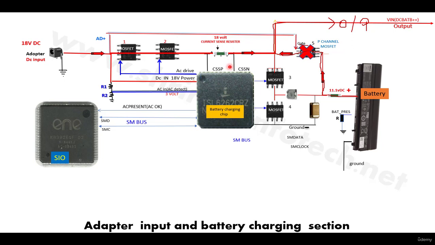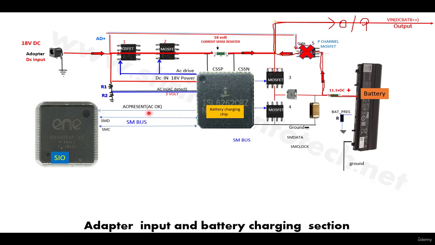Then it will come to know, when I turn on both the gates, that the voltage entered into the laptop and how much current is passing from the adapter. The next thing is this chip will inform its boss. The SIO is the boss of the battery charging chips. Once the voltage has entered into the laptop, this chip informs the SIO that the adapter current is present, and it generates this ACOK signal.